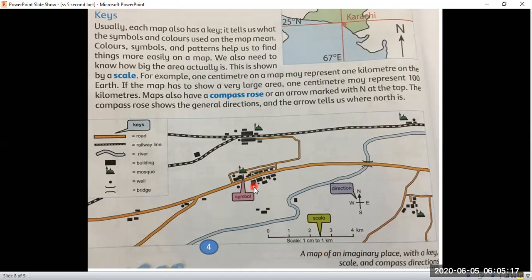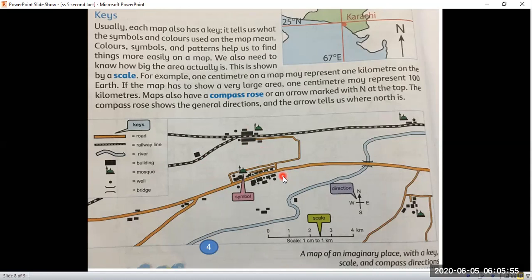And this brown line shows us the different types of roads, and this shows us the river flowing through the map, and these points show the different wells in the city, and here are different buildings, and here is a building located in the map, and here the different mosques are located, and here on this map we can see the different bridges are located.